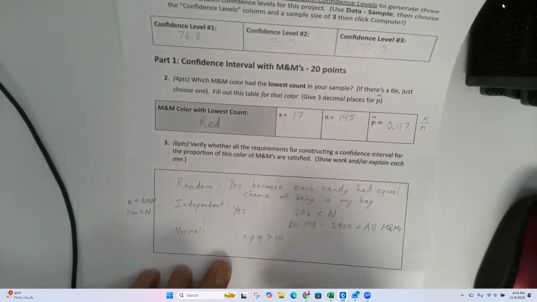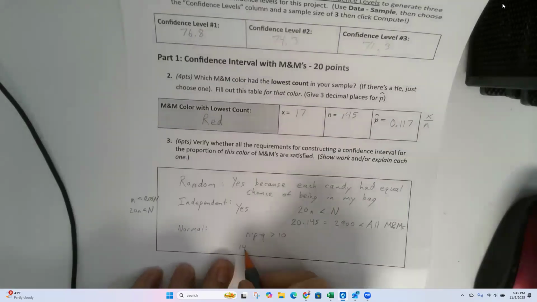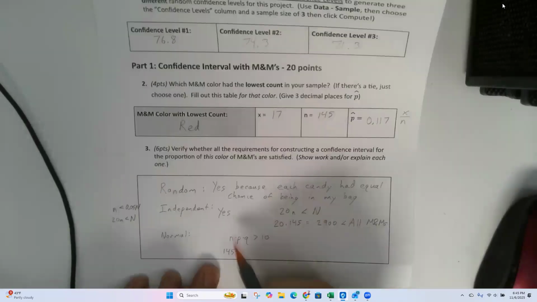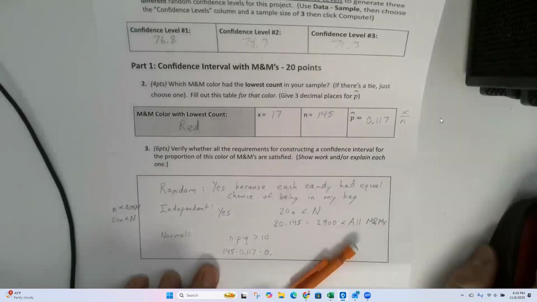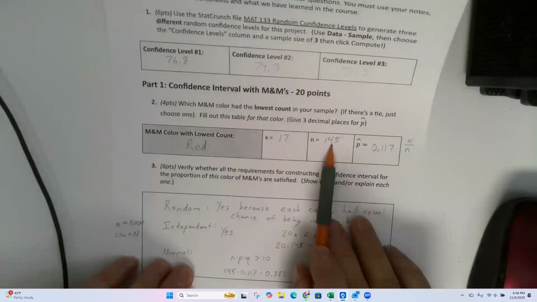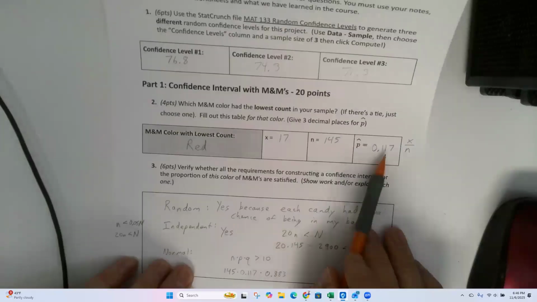Okay. So for me, I have 145. My P value is 0.117. My Q, one minus 0.117, is 0.883. Now yours is going to be different from mine because your N is different. You had a different size bag, you had a different proportion.